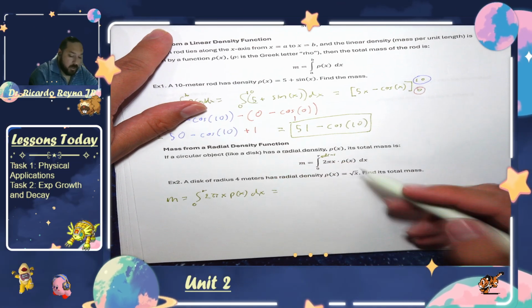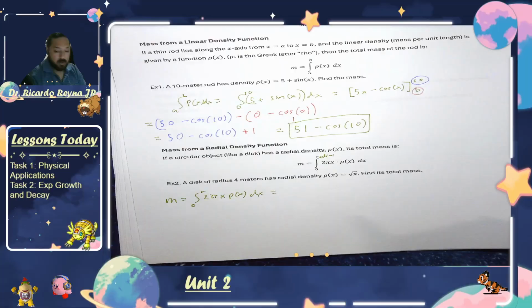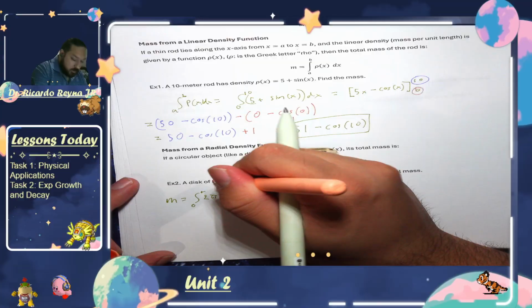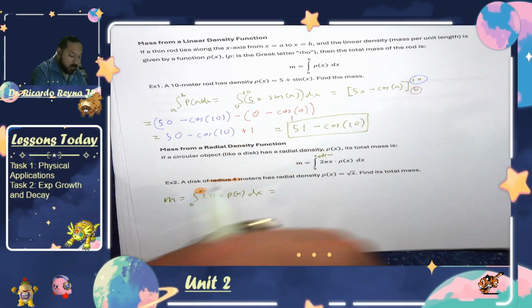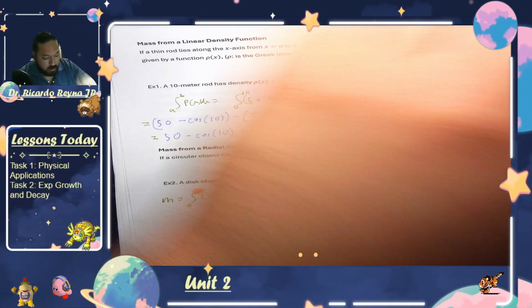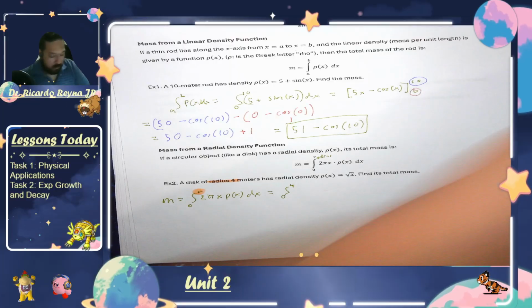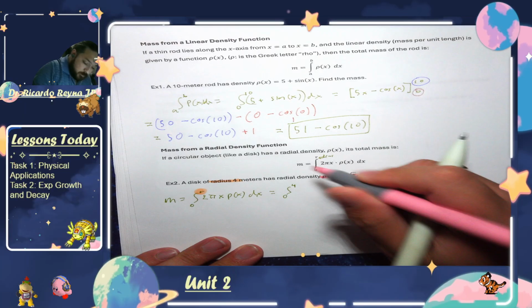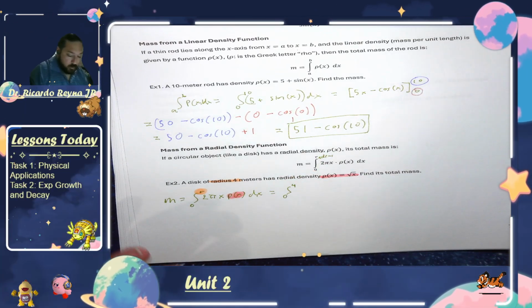So we're going to take the problem and plug in all of these individual pieces. It says the radius is 4, so that's going to get replaced with a 4. And it says that rho is square root of x.